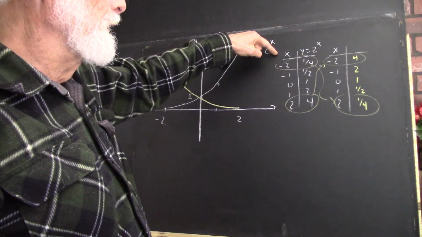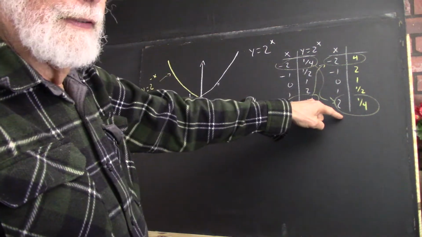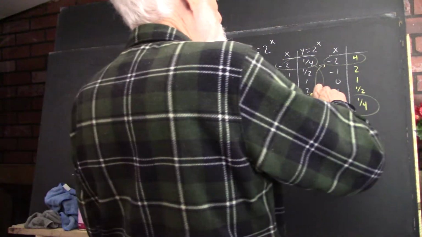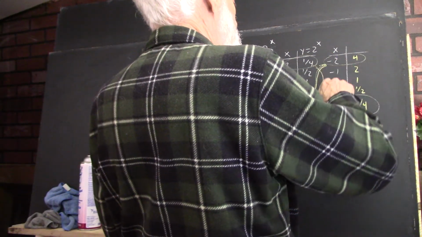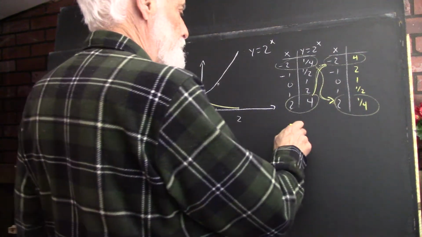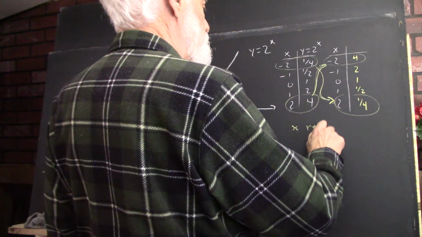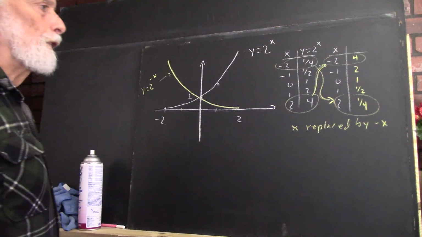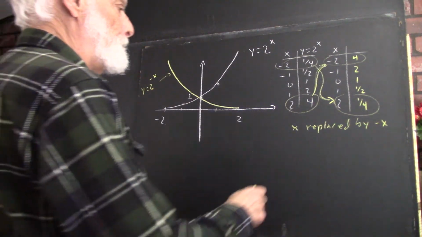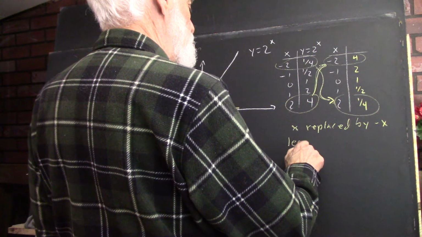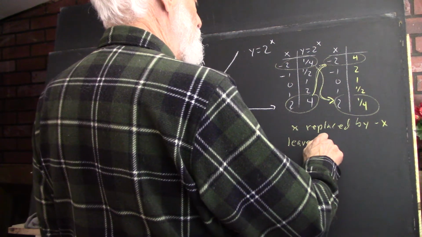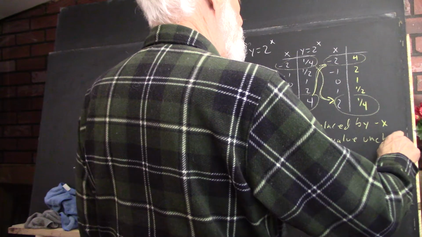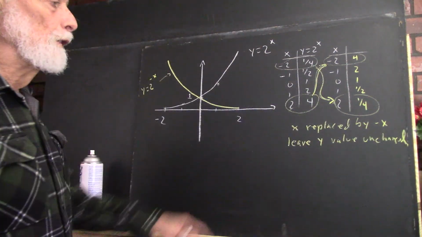X has been replaced by -x. Okay, so by these arrows, x being replaced by -x leaves the y value unchanged.